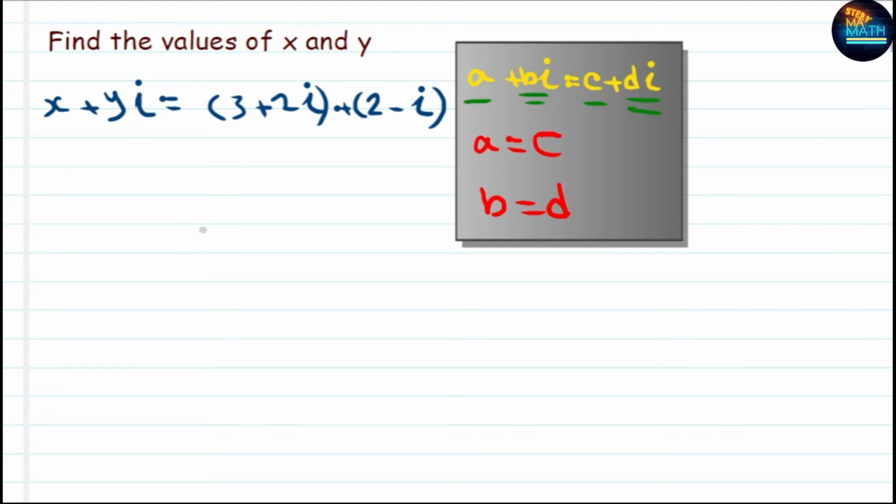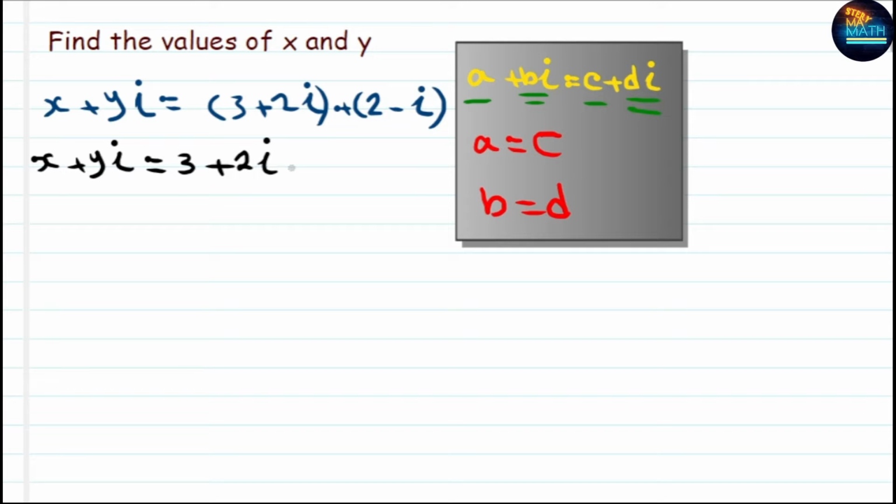Here you have parentheses, and there is no need to write them down as long as you don't have any number outside. So x plus yi is equal to, removing the parentheses, 3 plus 2i.